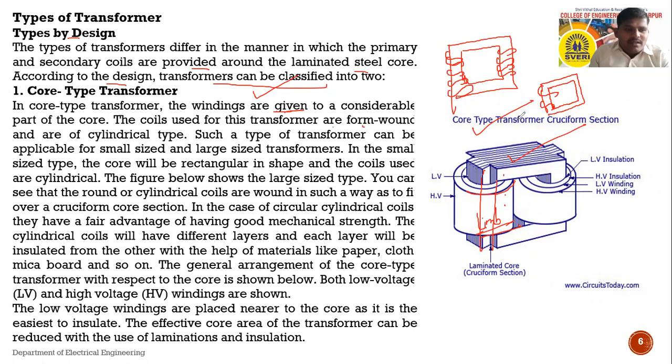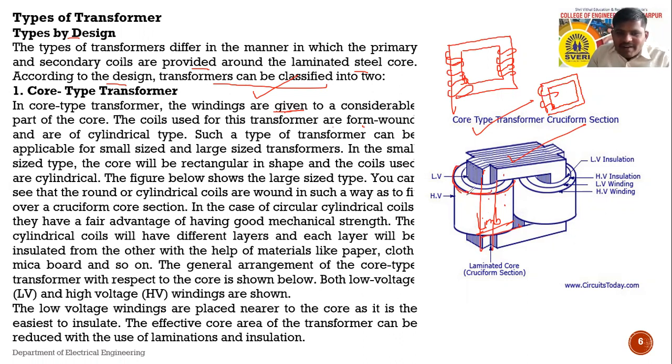See, the figure below shows the large size type, you can see that round or cylindrical coils are wound in such a way that they fit over the circumference of the core section. Okay, see in this figure, these are the cylindrical windings.